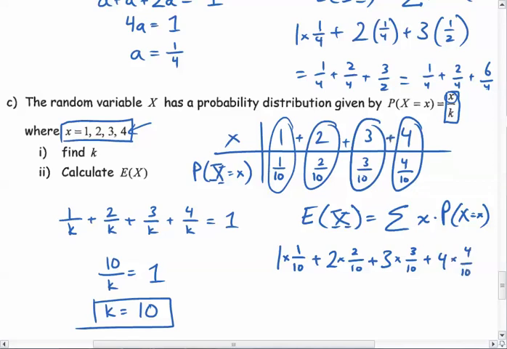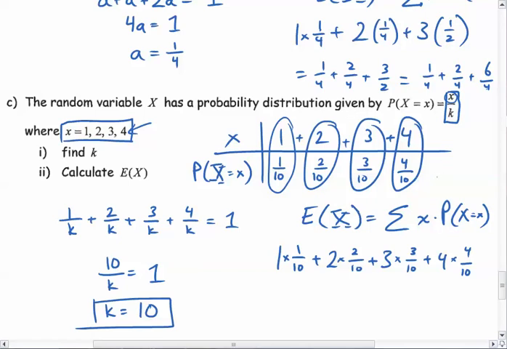Okay, so just looking at this, if all the probabilities were the same, then I would expect to get about 2.5. I'd expect that my average would be 2.5. But because there's so much more chance of getting a 4, my average is going to move closer to 4. So I'm guessing my average will be closer to 3, or maybe a bit bigger than 3, something like that.